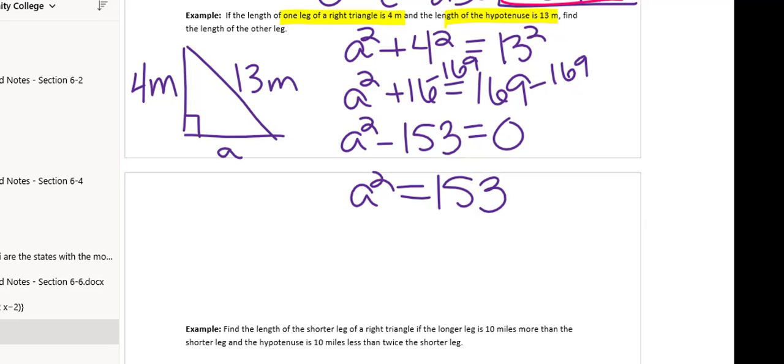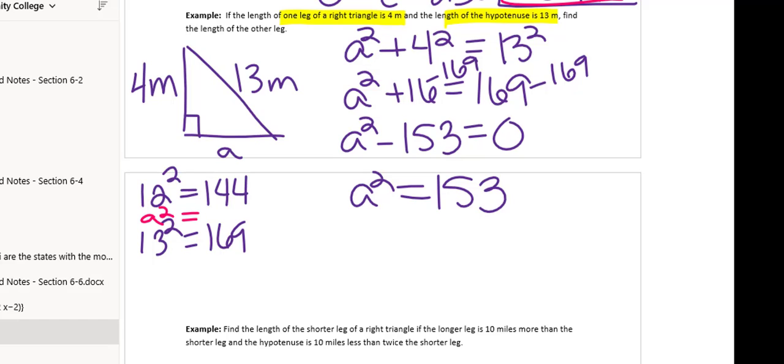Now, what I know is that 12 squared is 144, and I know that 13 squared is 169. So that means that our A has to be between these two. So I'm just going to go ahead and say also that it's probably a little closer to 144.